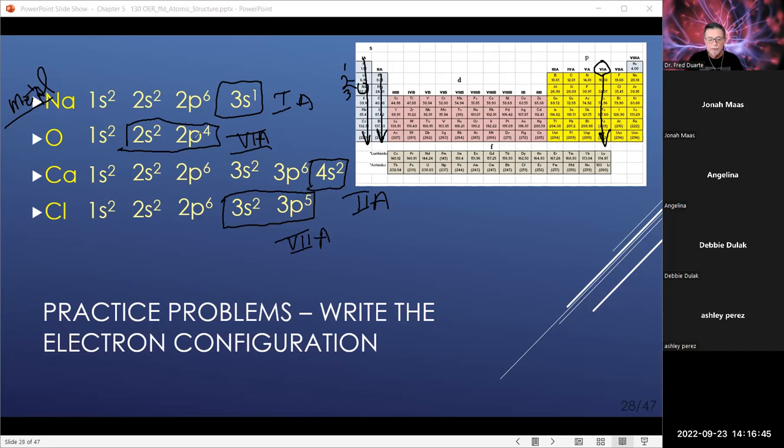If sodium was going to lose an electron, it is going to lose that one little electron out there in the outermost shell. And when that happens, look at the new valence shell. It has 8 electrons in the valence shell when it loses that one electron.